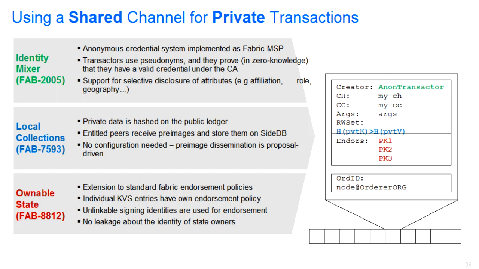And if you separate, like we said before when Manish asked the question, if you separate updates to different Ownable states in different transactions, then you can really have no kind of leakage there.